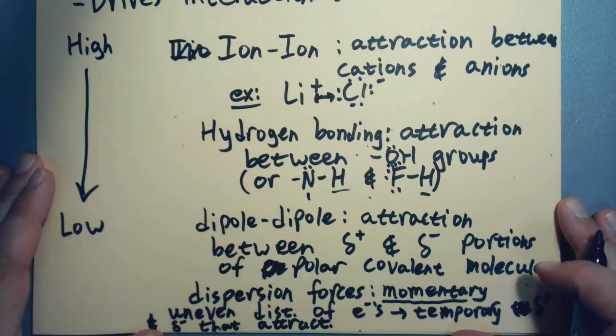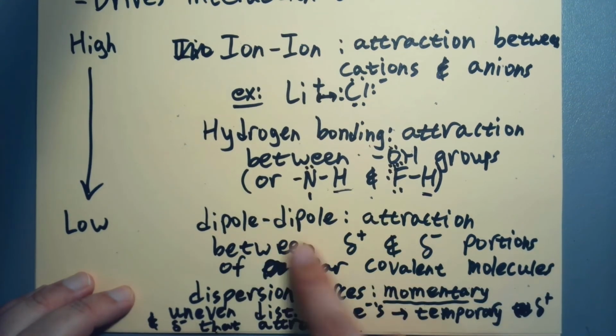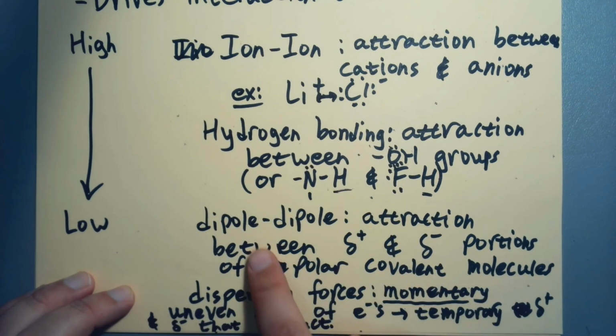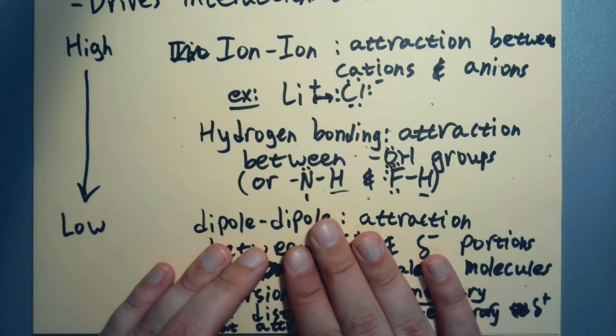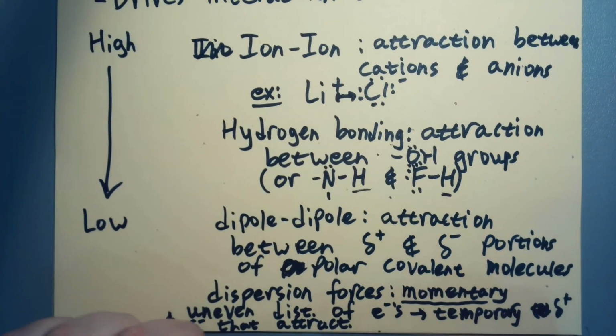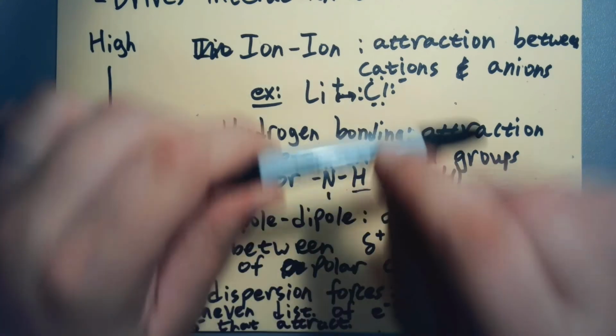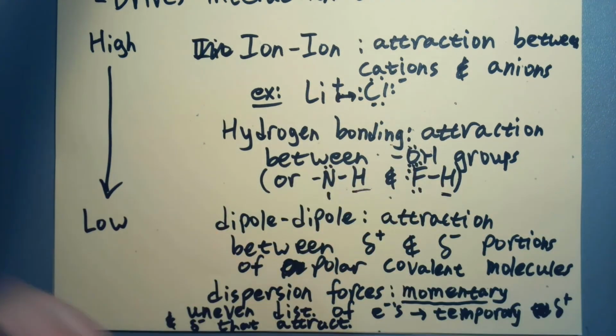Okay? So it's momentary, it's fleeting. You get this effect right here, but only for a moment, and then it's gone, it zeroes out. And then it happens again, and it's gone, and it happens again, and it's gone. And so it's small interactions. But again, if you have a big enough molecule that's nonpolar, it's enough to make a solid.